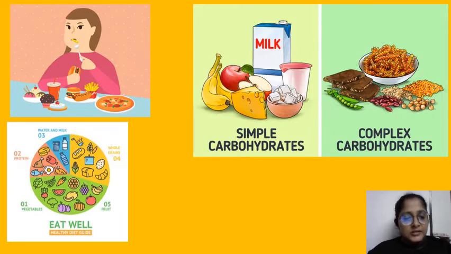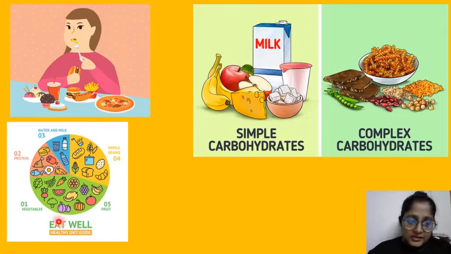As you can see over here, this girl is eating lots of food. I'm not going into any discussion whether these foods are junk food or good food, but what I will say is that from all these foods, the main thing that the girl is getting is carbohydrate. Either we take carbohydrates in the simple form or in the complex form.